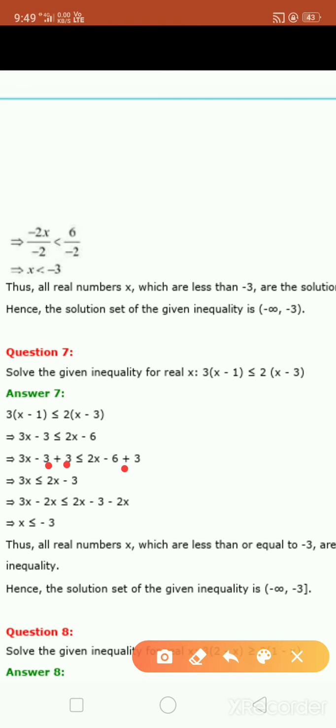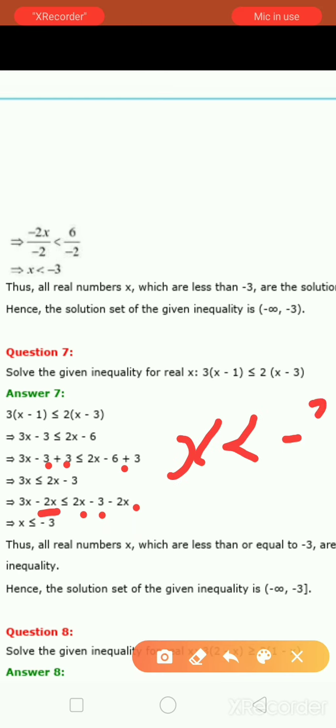Again, remove one x term here. So you will subtract 2x on both sides, and we will have x is less than minus 3.